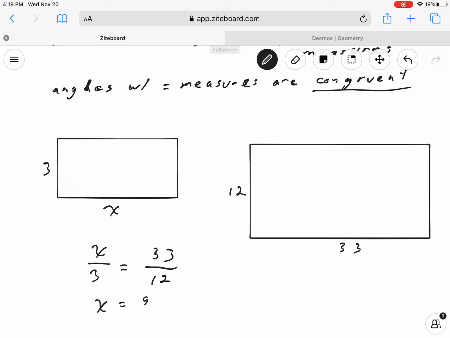So x is 99 over 12, or 8.25. Okay, so finding x is a matter of using the proportions of the sides. Let's look at another one.